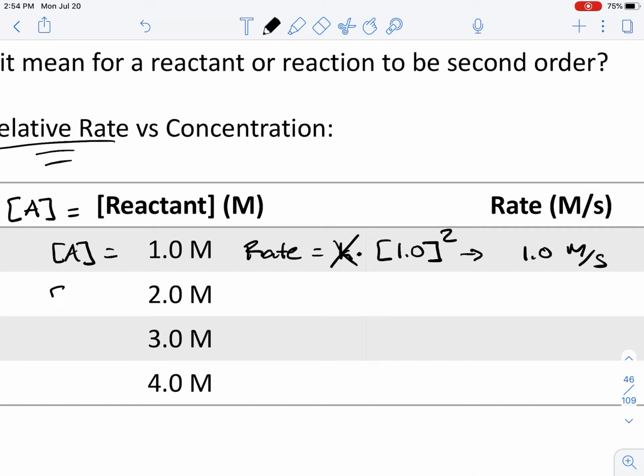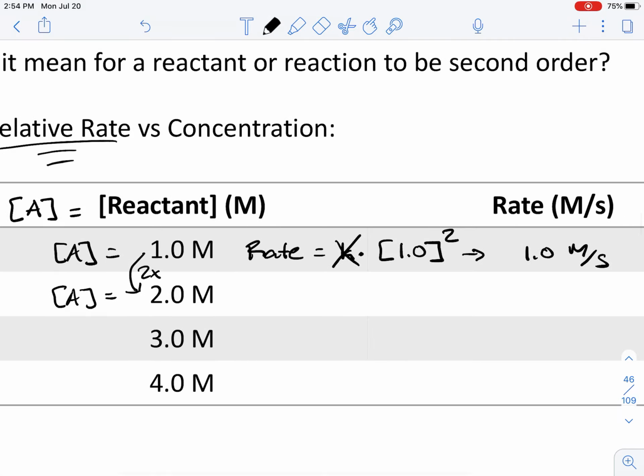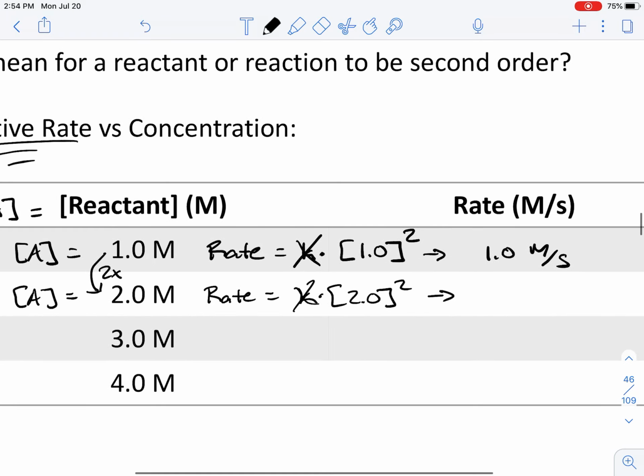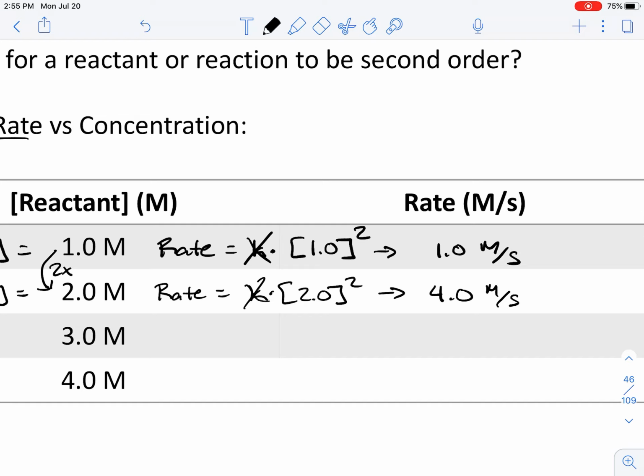Now, if I were to double the concentration of reactant A, how will the rate of reaction change? The rate of reaction is equal to the rate constant K times 2.0 raised to the second power. And once again, we're going to exclude the rate constant K since it's a constant. By doing so, we're able to understand that if you double the concentration of the reactant, you quadruple the rate of the reaction.